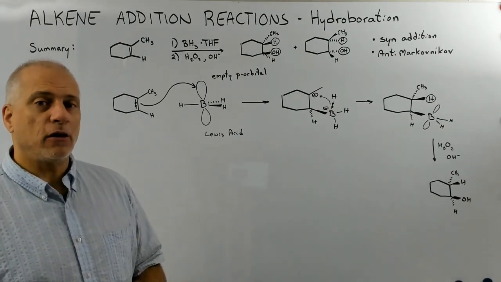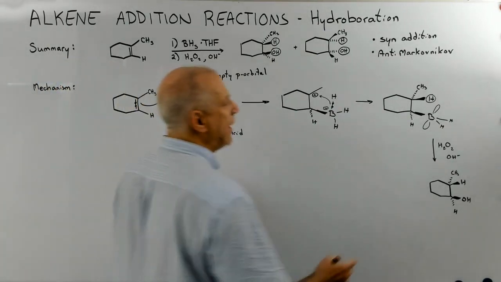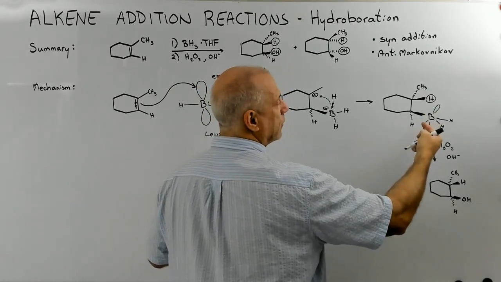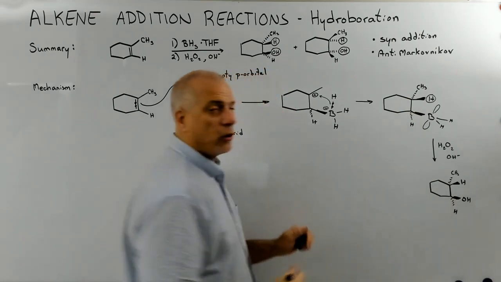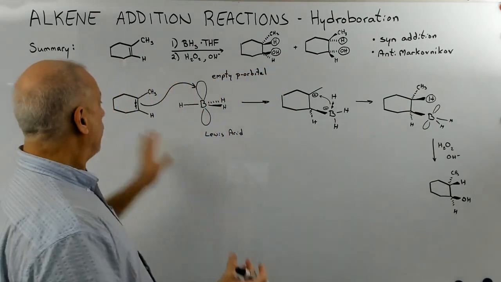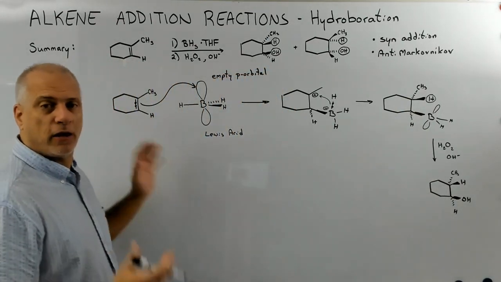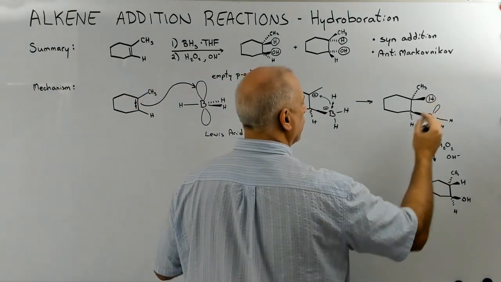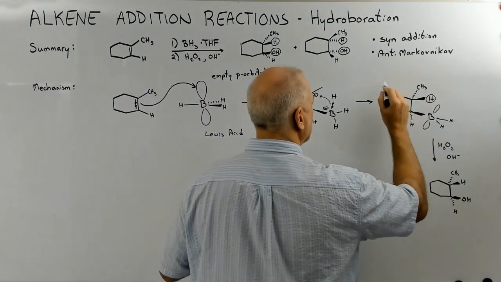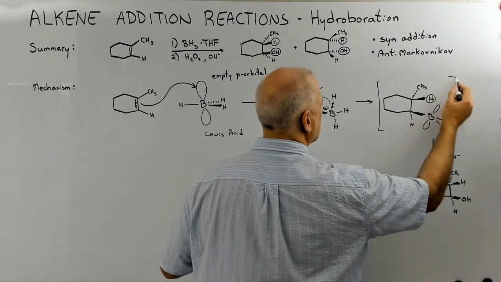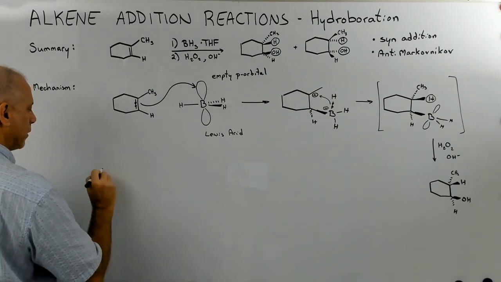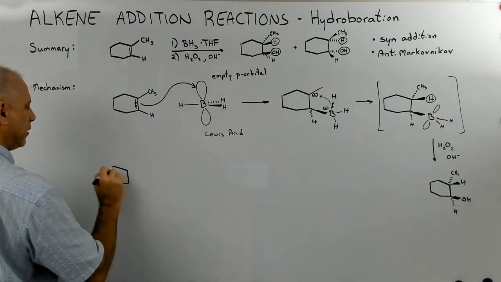But let's take a look at what really happens. What really happens is now that this boron has its empty p orbital again. And guess what? We still have a reagent substrate in the beaker. So what's going to happen here is I'm going to redraw that over here for clarity's sake.